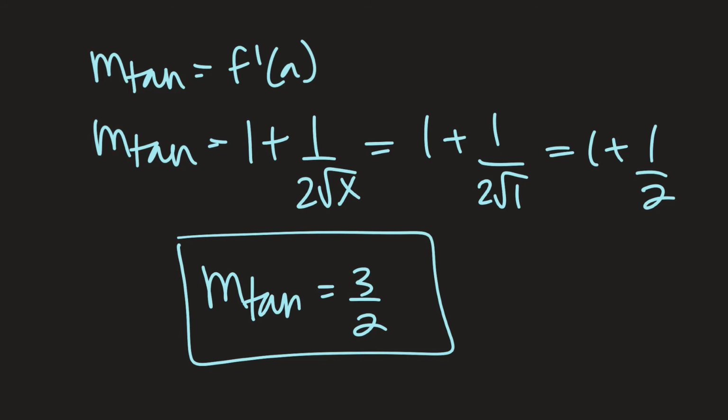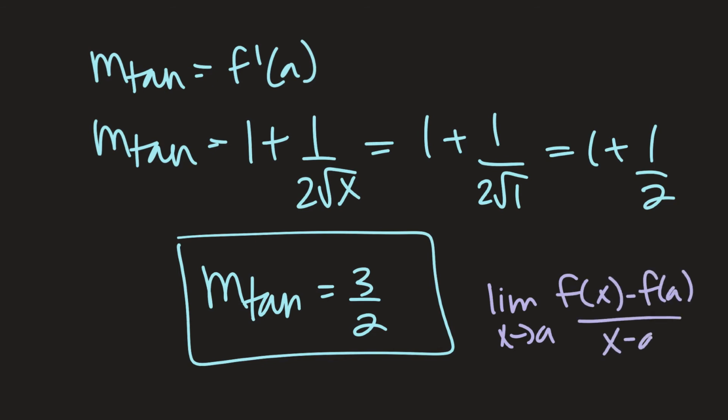Now, I would like to point out one more time, it is much easier to do this in the formula here. Much easier if you're only looking for m tan. So this is only going to work if you're looking for m tan, which is what we're looking for in this problem. Totally legitimate way to do the problem. It will be a whole lot easier to evaluate it in that method.